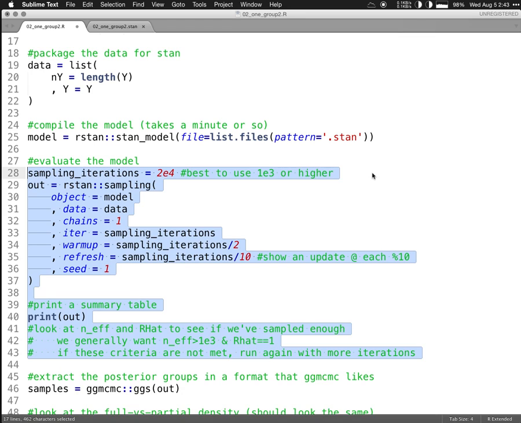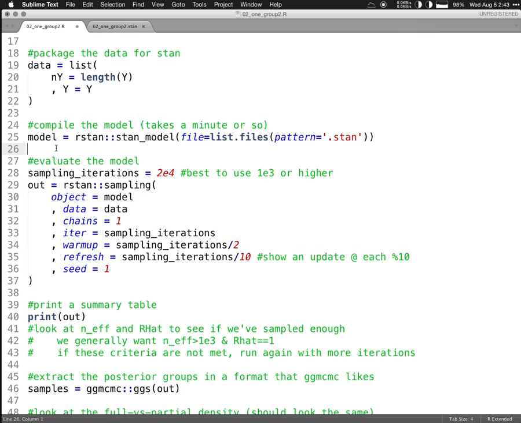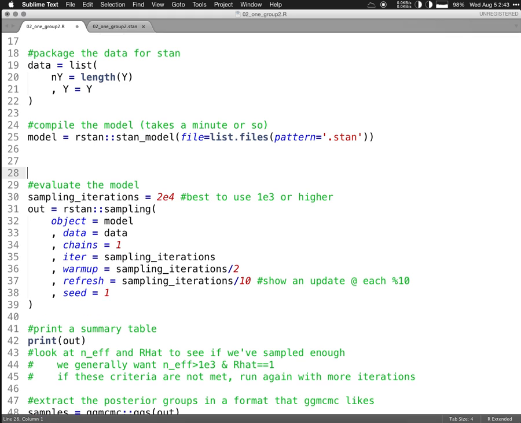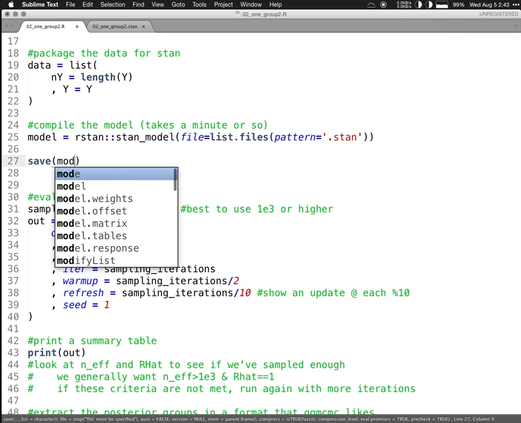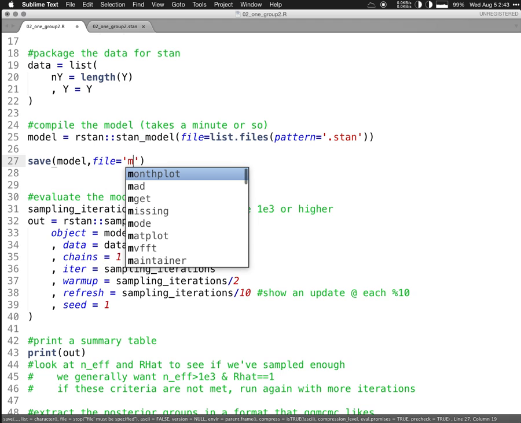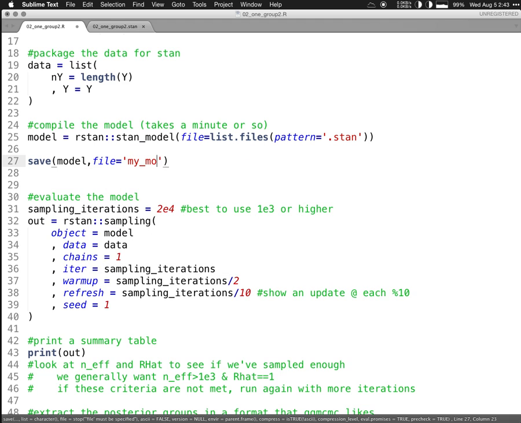There is a way to save the model once you've compiled it. If you actually do this in your standard, you can do that, and that will save the compiled model, which I probably should have done when I established these examples, so we didn't have to sit here and wait for them to compile.